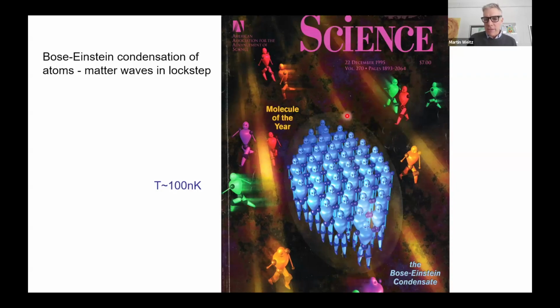What one sees then is a phase transition to a state where atoms, loosely speaking, quantum mechanically speaking, march in lockstep. So it's a macroscopic state. Whether it's a molecule or not, well, that's simplified. For sure, it's not a molecule, but this was the cover image of Science magazine.